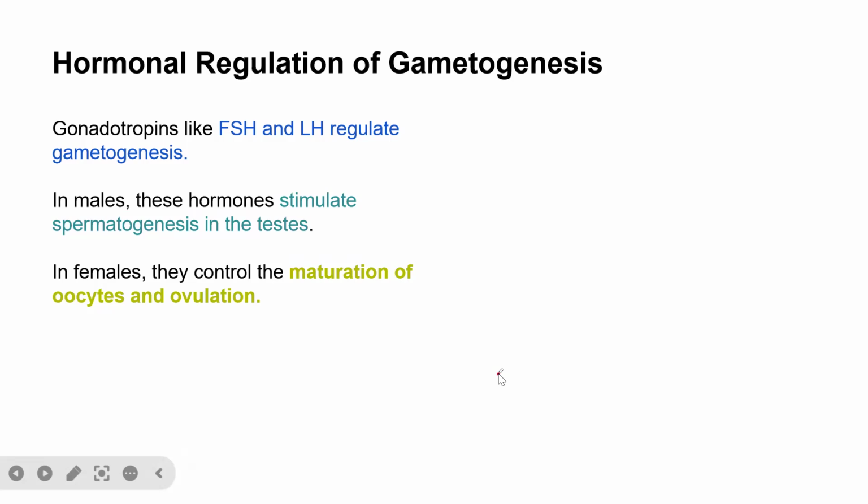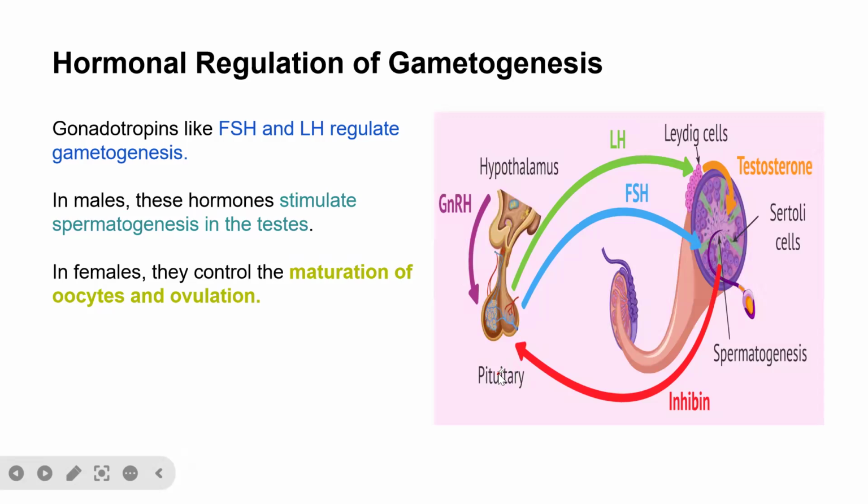In the male, it stimulates spermatogenesis in the testes, while in females it is for maturation of oocytes and ovulation. So these are the two hormones, LH and FSH. They are produced by the hypothalamus and they carry out their function in the testes.